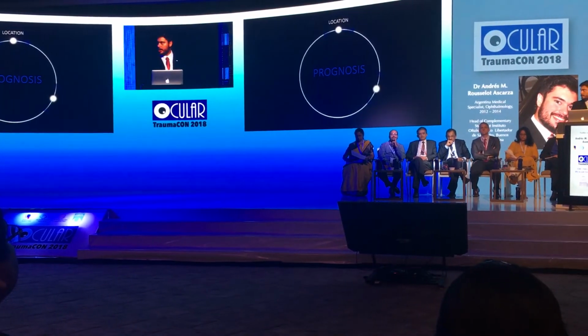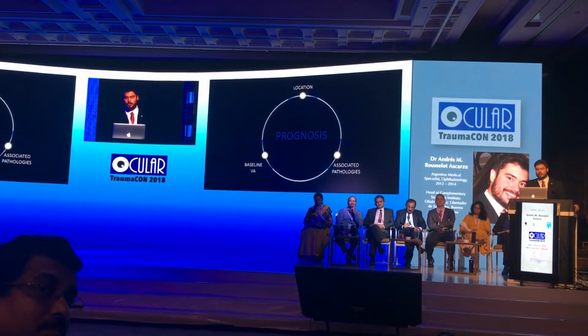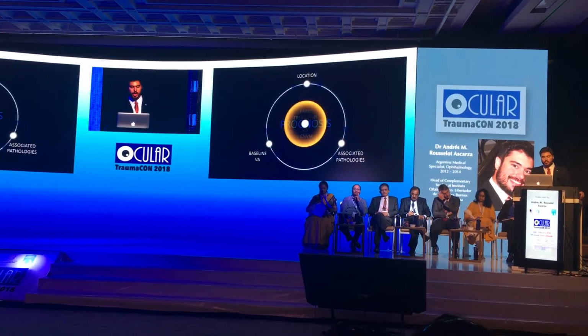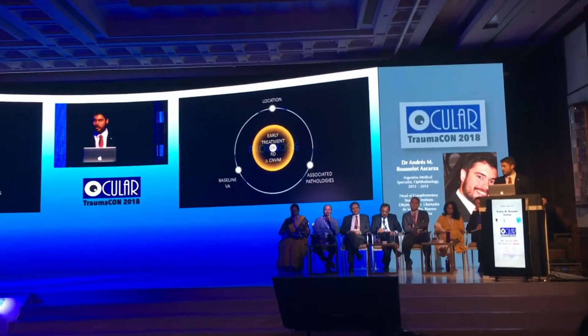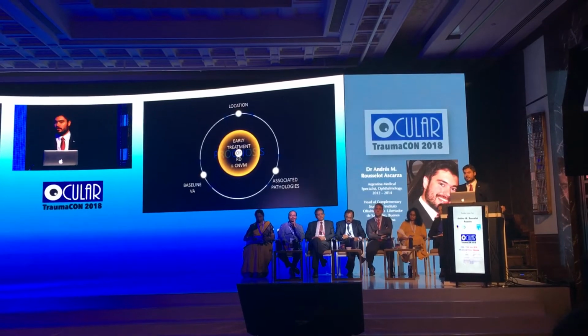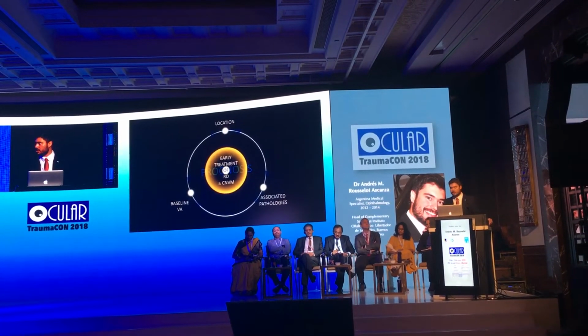So going back, the prognosis will depend on location, on the baseline visual acuity, and associated pathologies. And of course, the early treatment of retinal detachment as well as choroidal neovascularization will make the biggest difference that we as physicians can act upon in this type of patients.